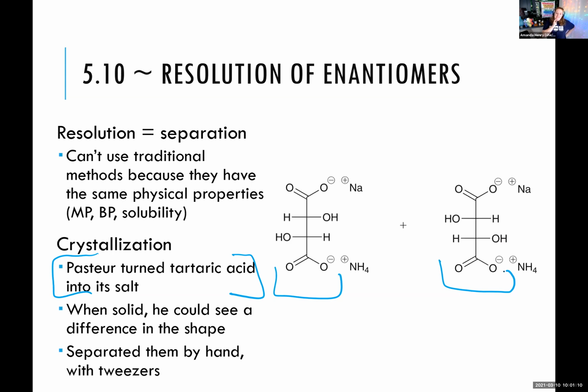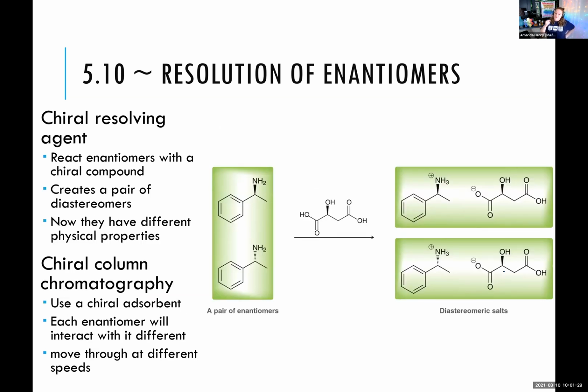And he literally separated them by hand with a pair of tweezers. Because once we turn them into their salt version, they do have different properties. We don't do that anymore. We don't separate them by hand with tweezers, but we do use that same basic idea.